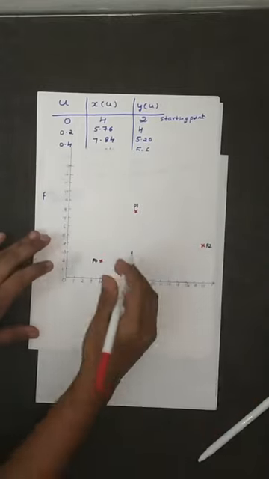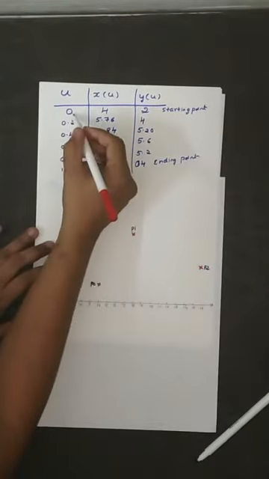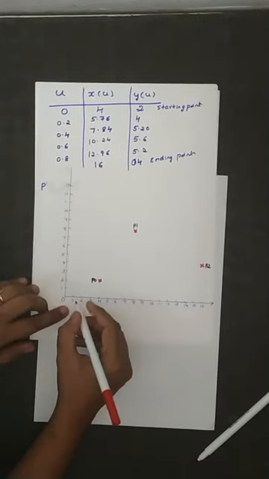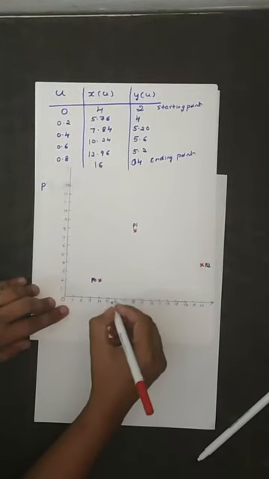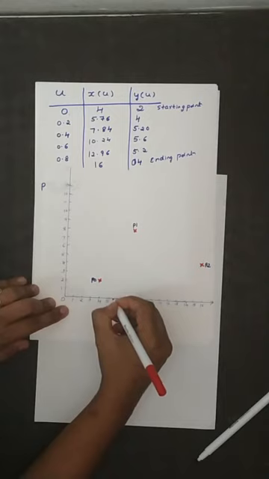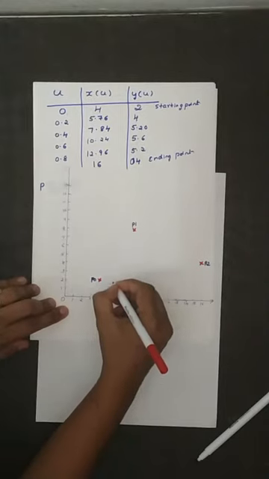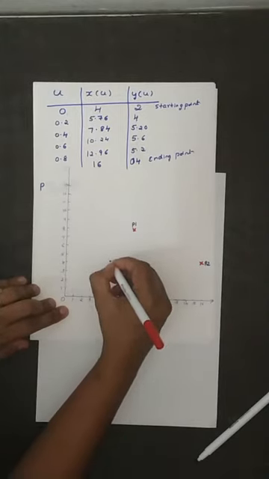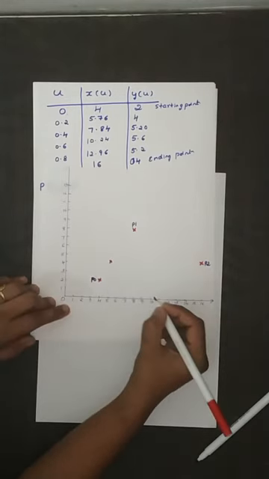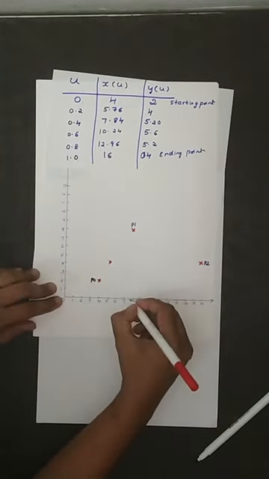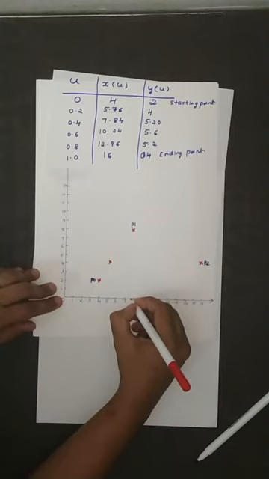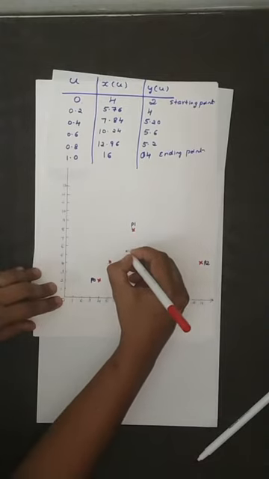So we started with 0, then for point 2, x is 5.76 somewhere here, then y is 4. Then next is 7.84 and the point is 5.20.